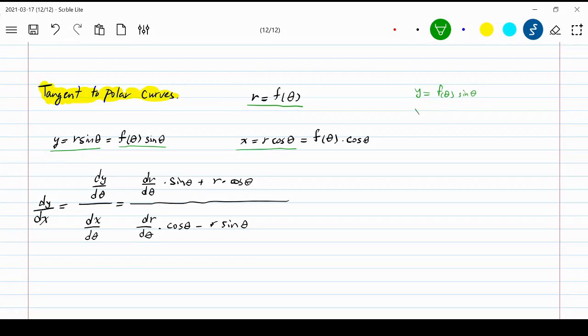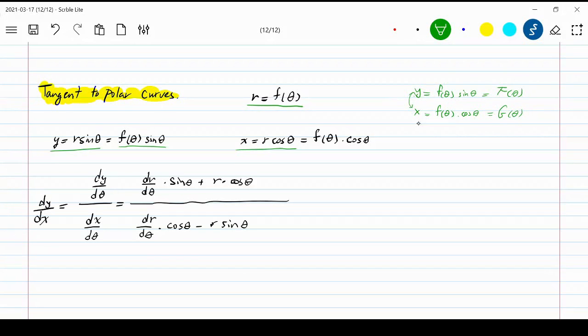And similarly, x is f of theta times cosine theta, another function of theta. So we relate y and x based on a third variable, which is parametric.